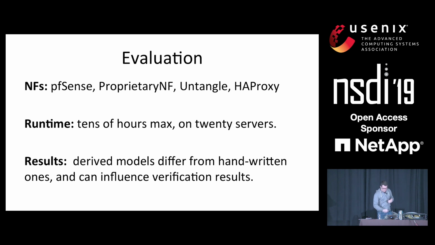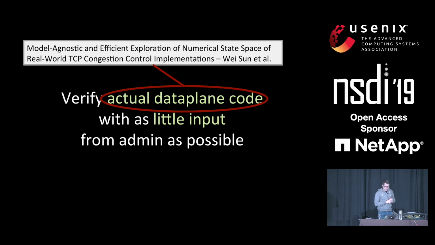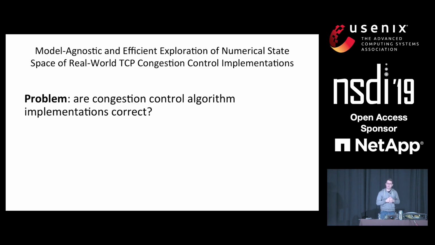All right, so the last paper in this session is slightly different in that it doesn't check network correctness per se. It's more to do with performance. And this is a paper looking at the correctness of congestion control algorithms, of the implementations of congestion control algorithms.